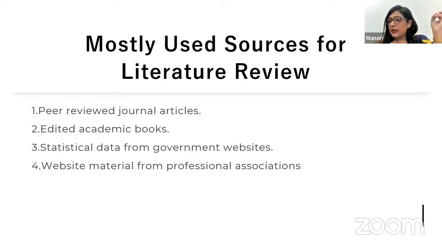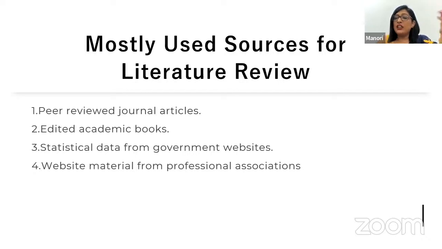literature. And edited academic books, there are edited books. Sometimes some edited books are different from peer-reviewed journal articles. And statistical data from government websites. So government websites and professional websites, for example in Sri Lanka, the Department of Census and Statistics.